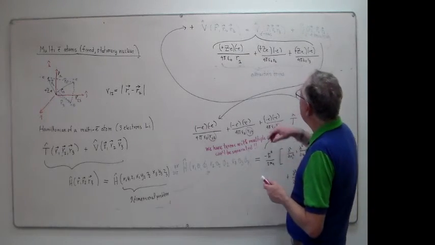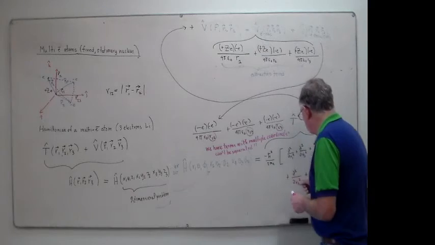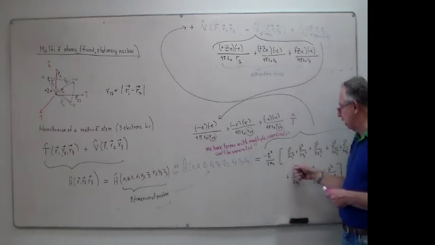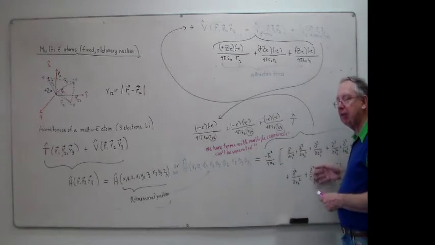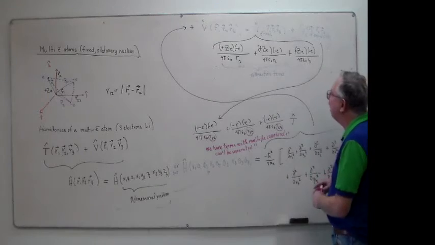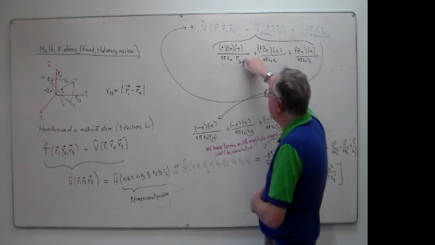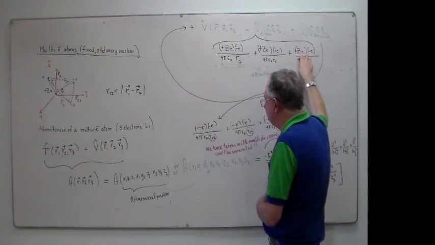In other words, up until now, let's look at the Hamiltonian. Here, everything, all the coordinates separate out, don't they? We've got x1, x2, x3, y1, y2, y3, z1, z2. Everything separates out. With the electron nuclear attraction, we only have 1 coordinate associated with each term.